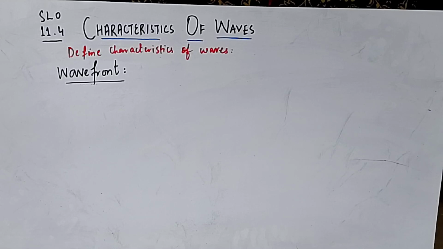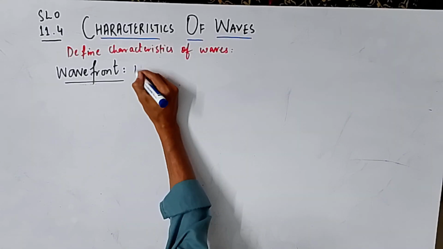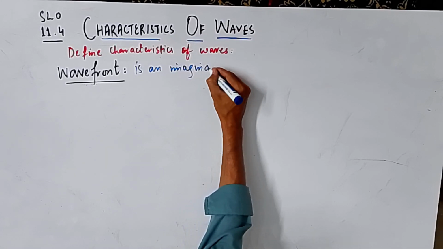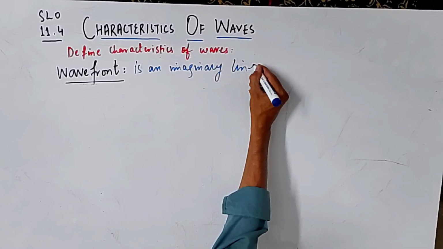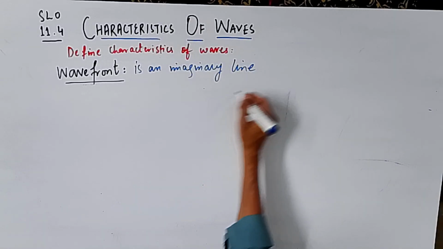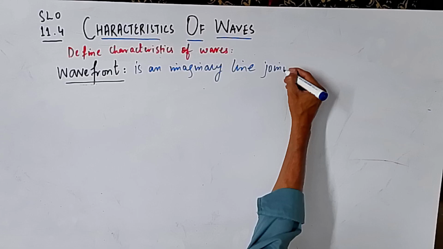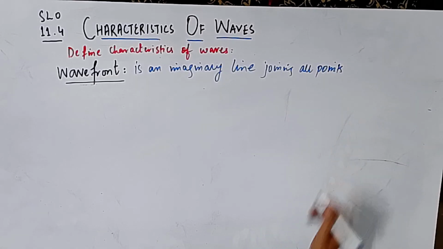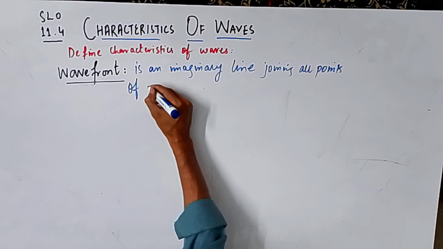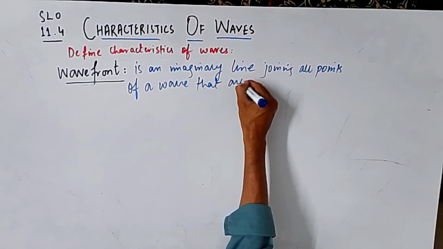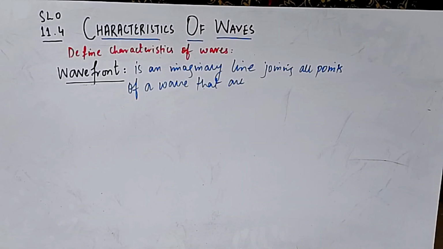A wavefront is an imaginary line joining all points of a wave that are in the same phase.